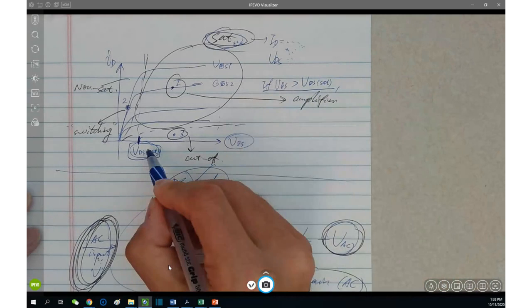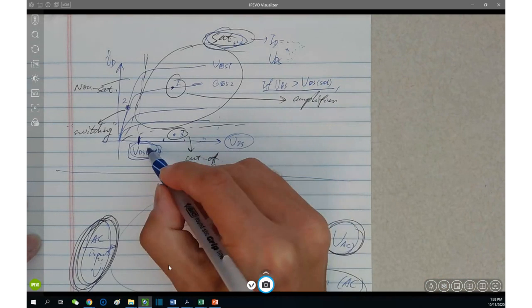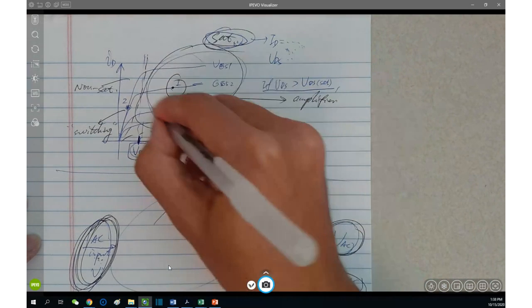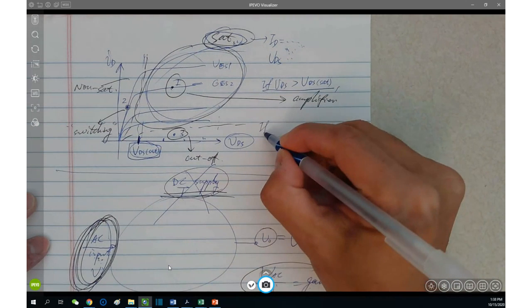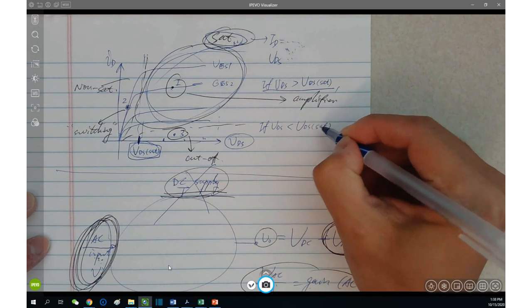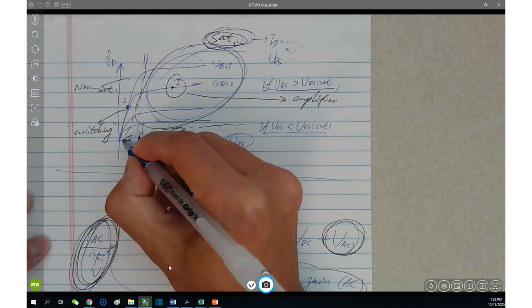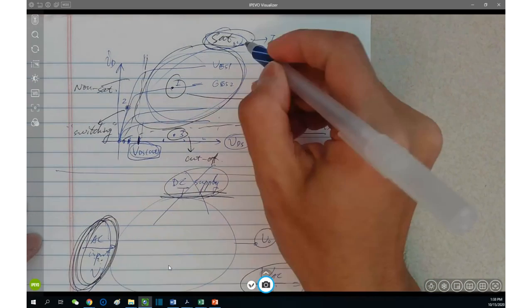Because you see, your VDS turned out to be on the right side of the saturation boundary, of course inside the saturation region. Otherwise, if VDS is less than the VDS saturation, what does it mean? It's here, here, or here. That means your assumption at the beginning was wrong.